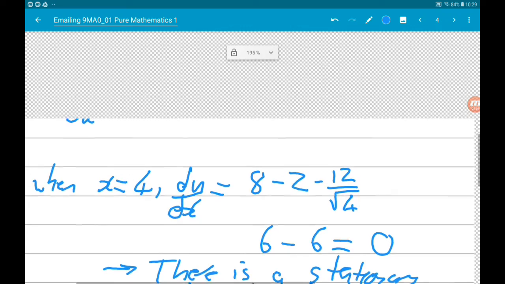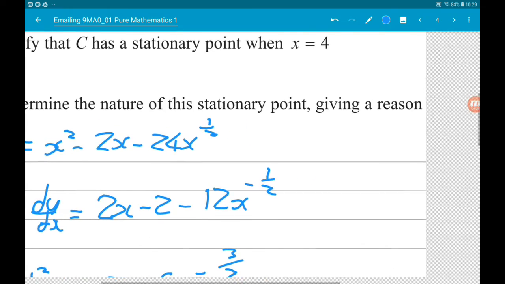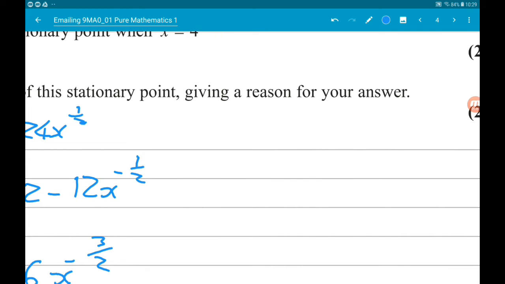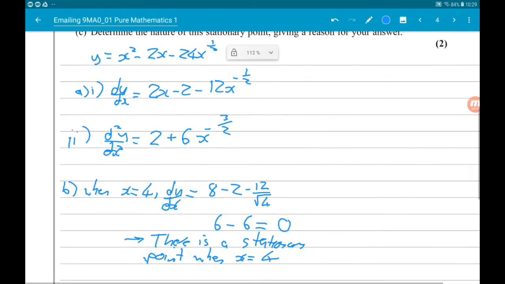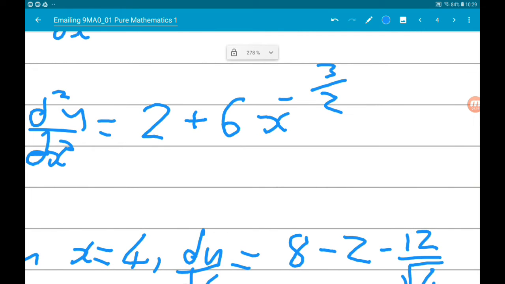Okay, then part C wants us to determine the nature of this stationary point, giving a reason for your answer. So let's substitute x equals 4 into our second derivative.